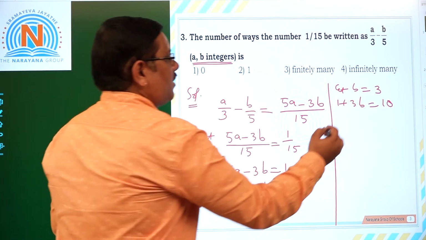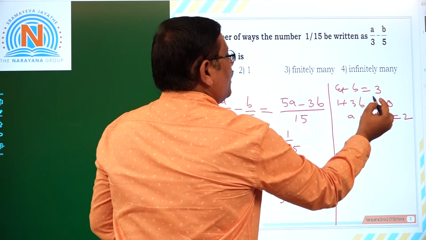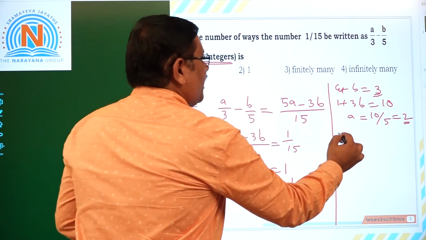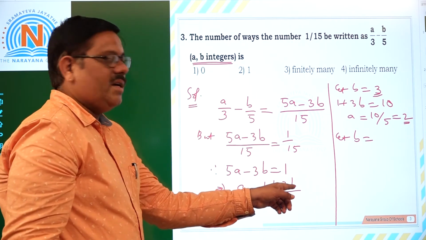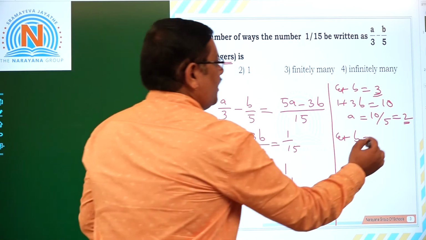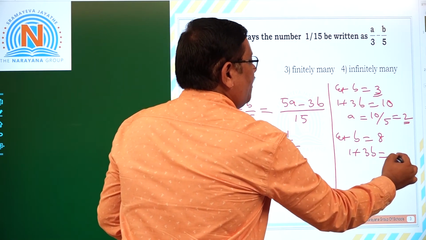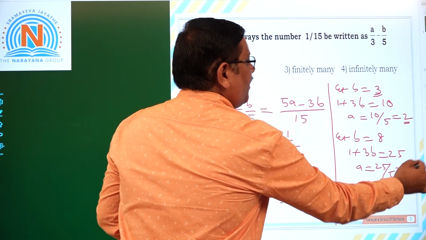So a will be 2 here. So a is equal to 10 by 5, that is 2. So here this is an integer and this is also an integer. Like that, we can take b equal to 8; 3 eights are 24 plus 1, that is 25. So if b is equal to 8, 1 plus 3b is going to be 25, then a will be 25 upon 5, that is equal to 5.